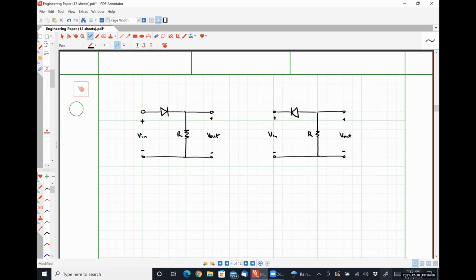Okay. So the one on the left is going to be the positive rectifier, and the one on the right is going to be the negative rectifier, and we'll give it a name here in a minute. Okay. So how do we expect these guys to behave?